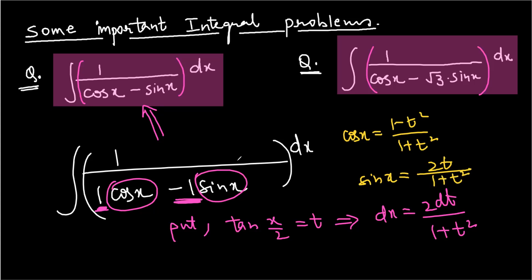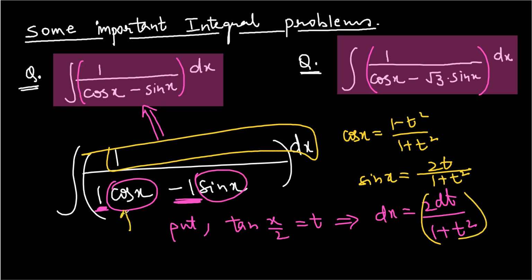When you substitute for dx, cos x and sin x and simplify, you get the type 1 upon quadratic, and then you know how to solve it by applying the first set of 3 formulas to get the answer. So this is one method you can apply.